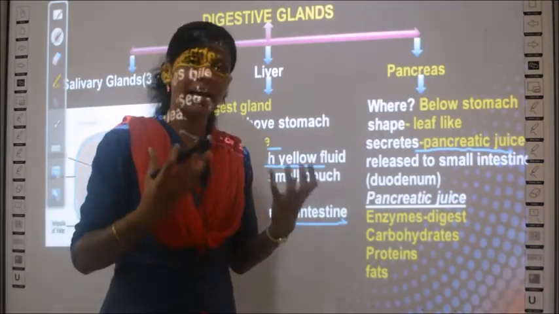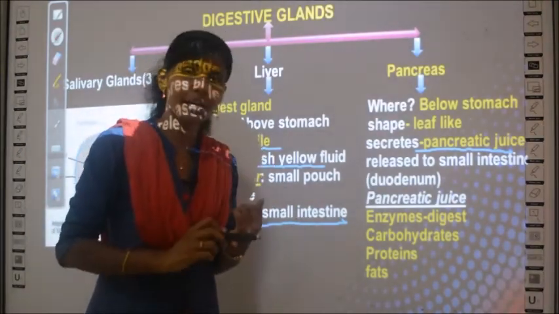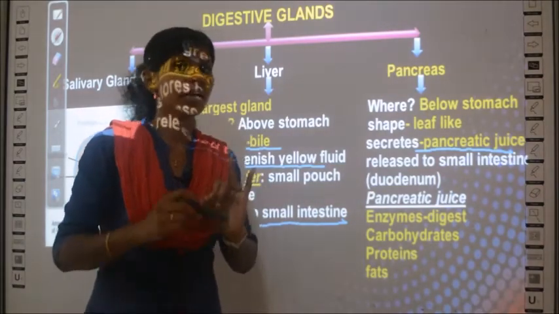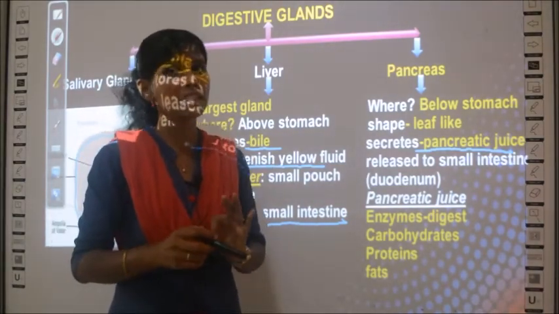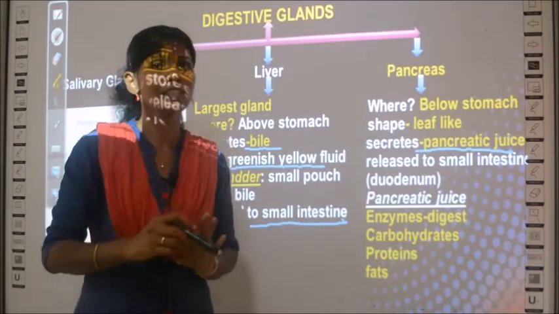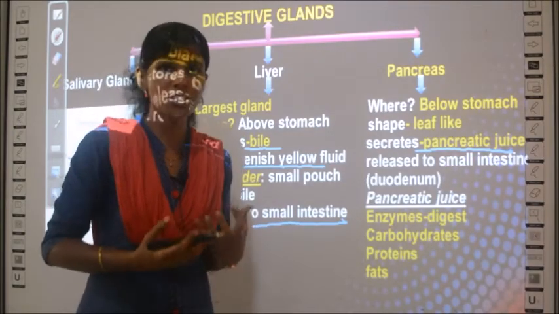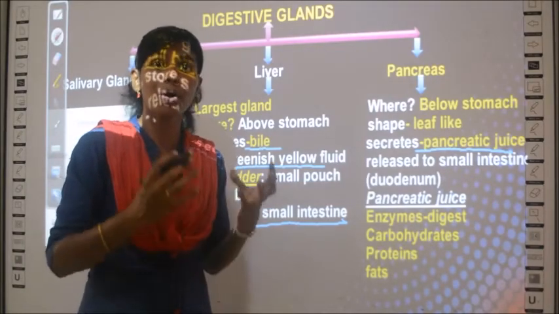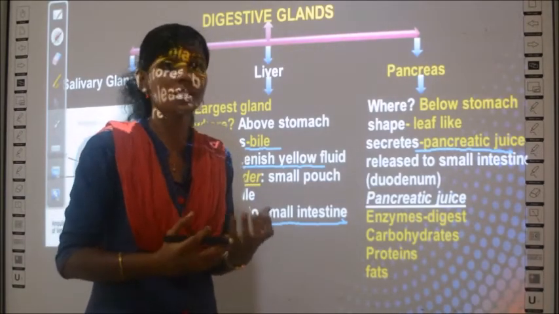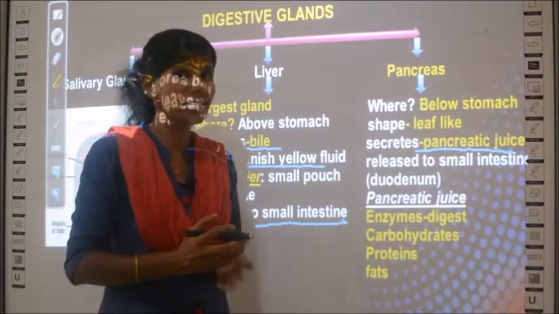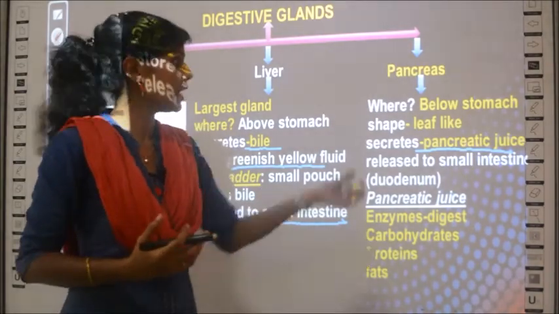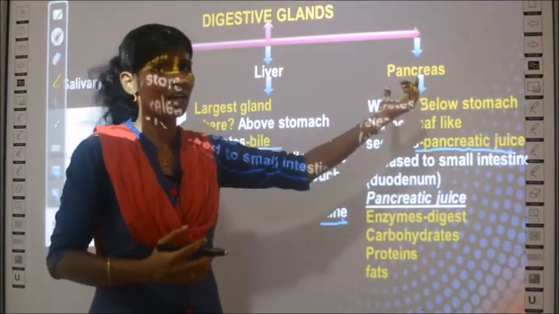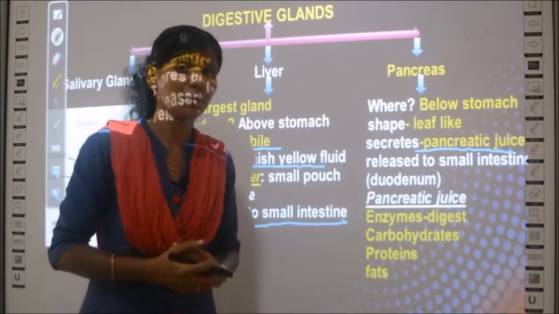What are they? They have enzymes to digest carbohydrates, enzymes to digest proteins, and enzymes to digest fats. The 3 major nutrients you eat are carbohydrates, proteins and fats, right? So all the enzymes needed to digest carbohydrates, proteins and fats are present in the pancreas. Okay, so what have you seen about the pancreas?